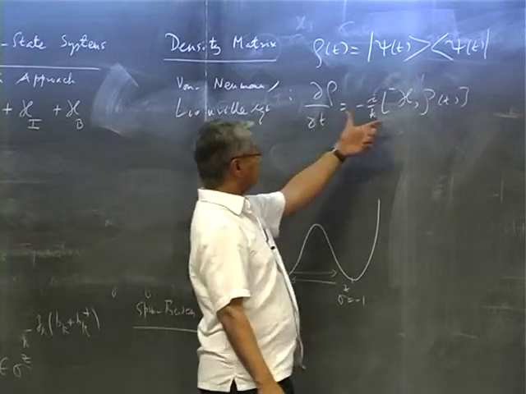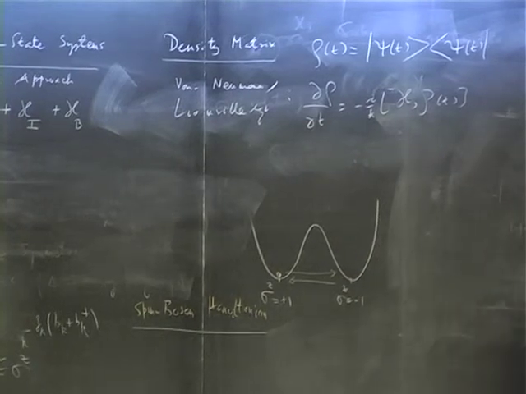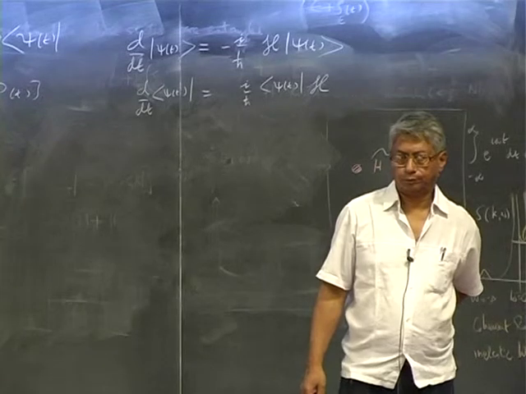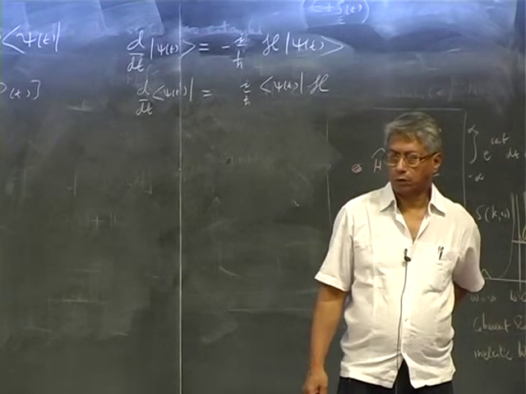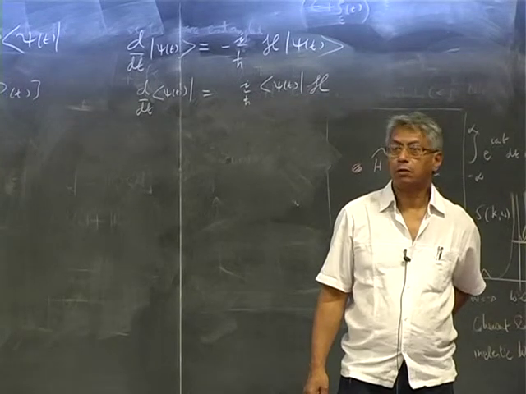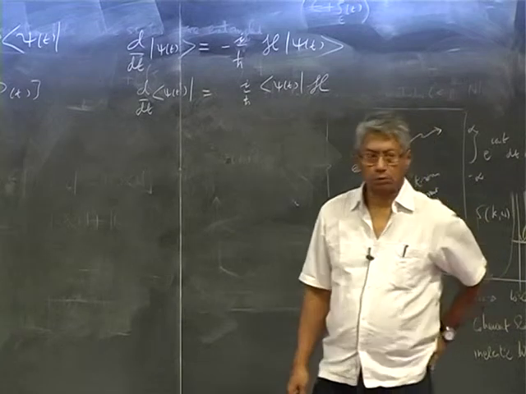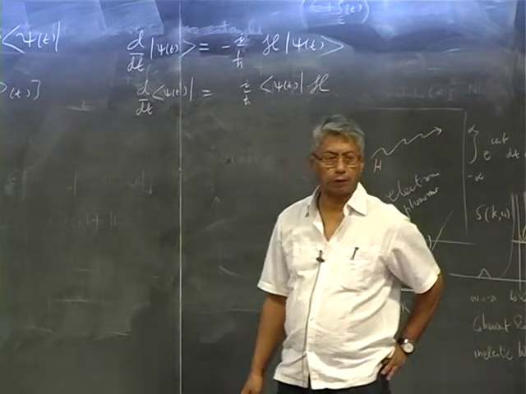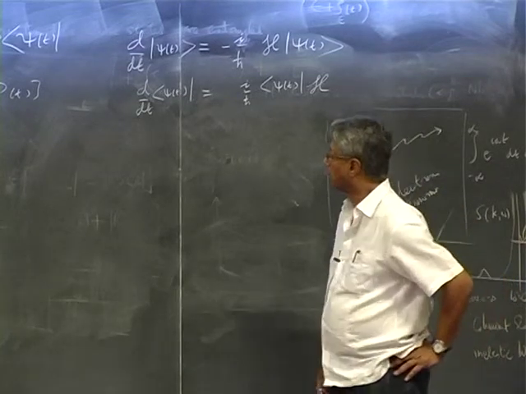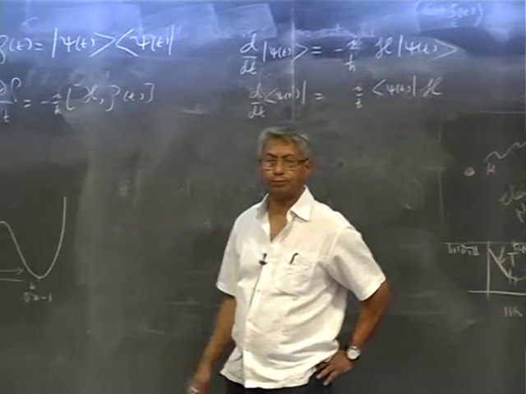Is it obvious how you get this from using the Schrödinger equations of this form? Okay? But I guess all of you have seen this before, haven't you? Okay.